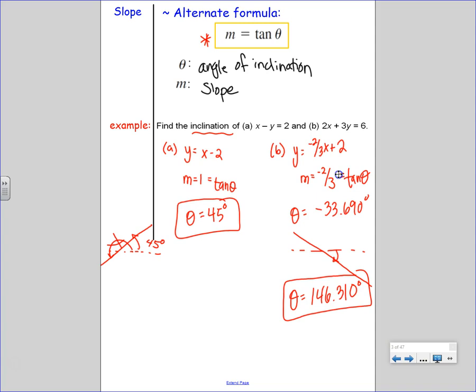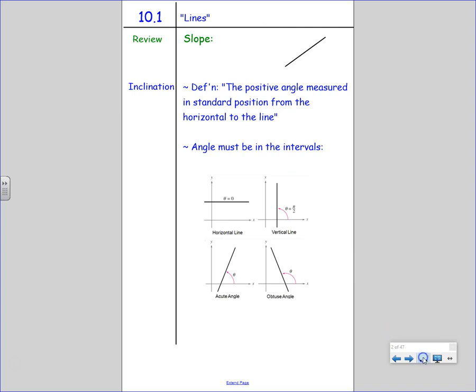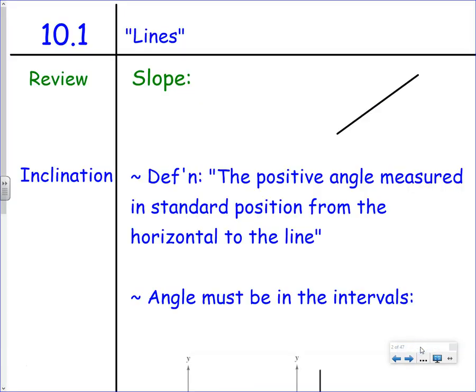Let's go back a page and make sure that we're good on what's going on, but most of it should be pretty much review. Slope, oh hey, this is where I wanted you to write it. Slope, rise over run. Delta, which means what in math?